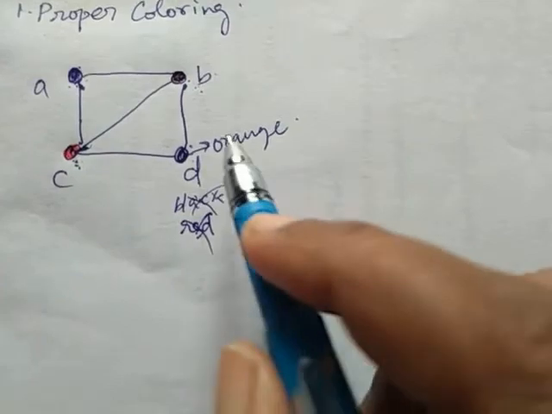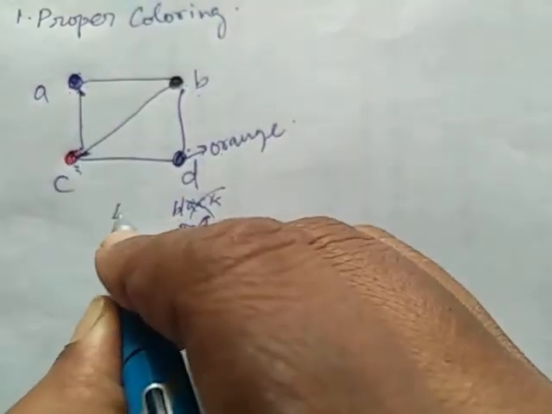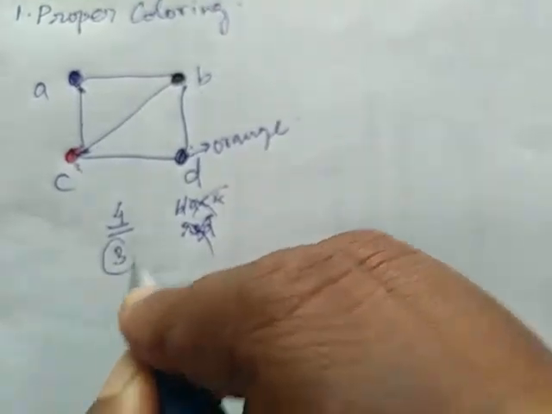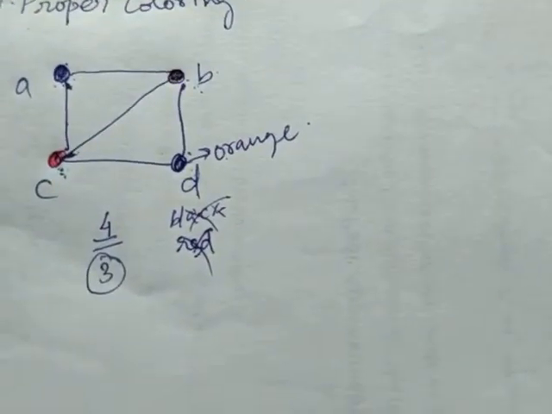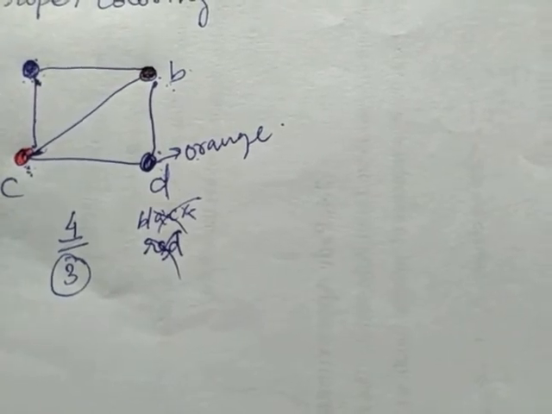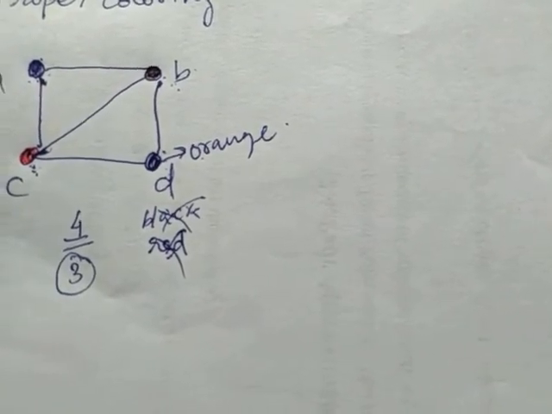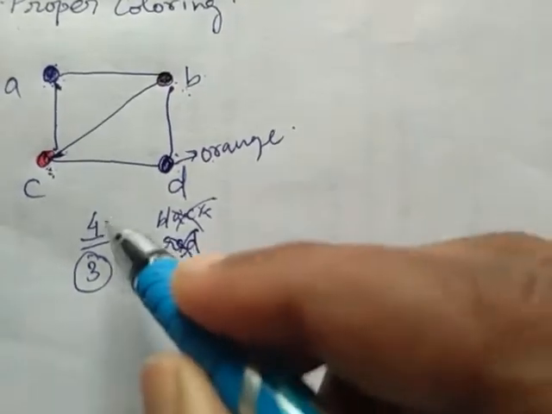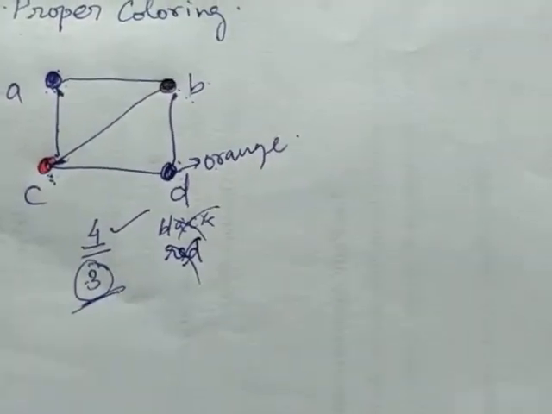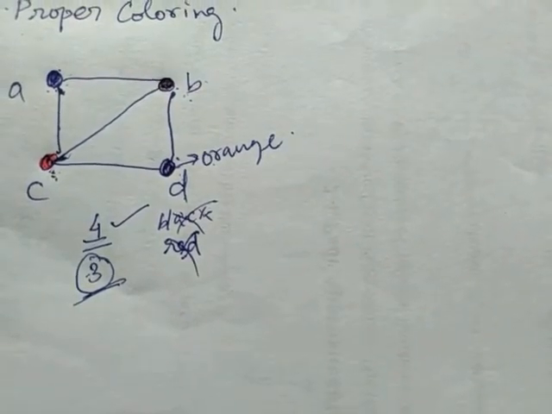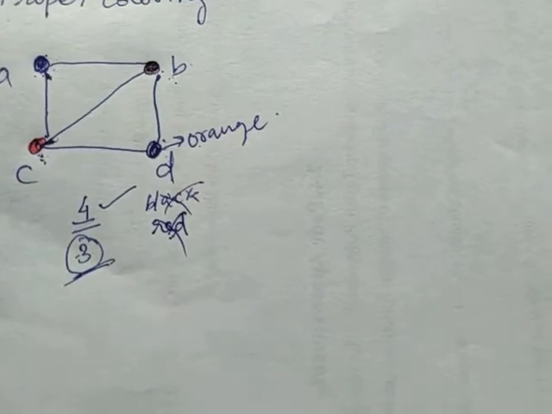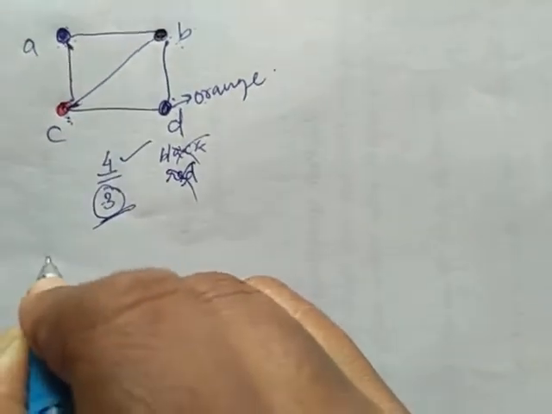But when we use orange color, the number of colors will be 4. If I use blue itself, the number of colors I have used is 3. See here, 4 is higher than 3. So the smallest number of colors, or least number of colors, in any proper coloring of a graph is known as the chromatic number.